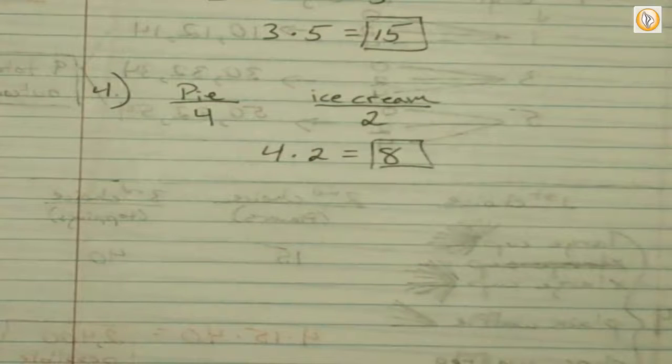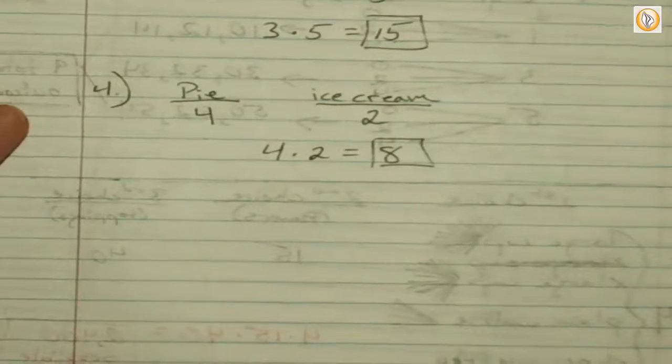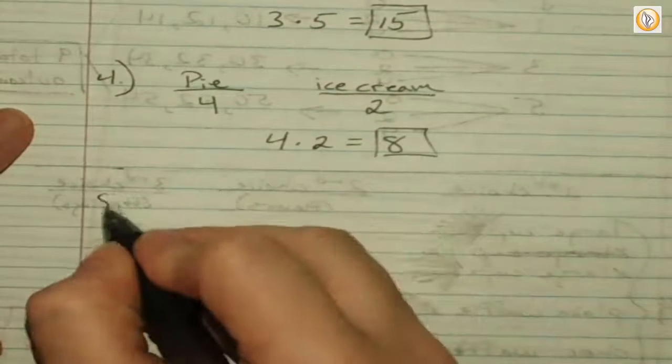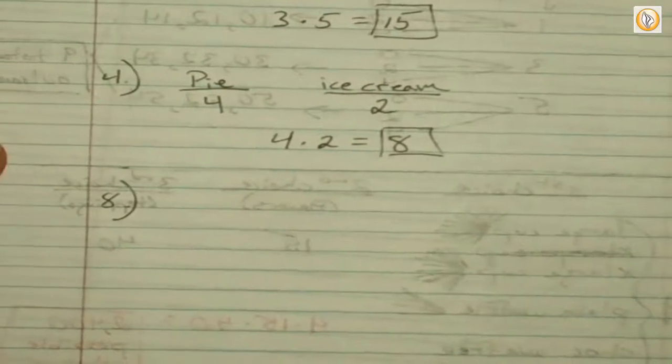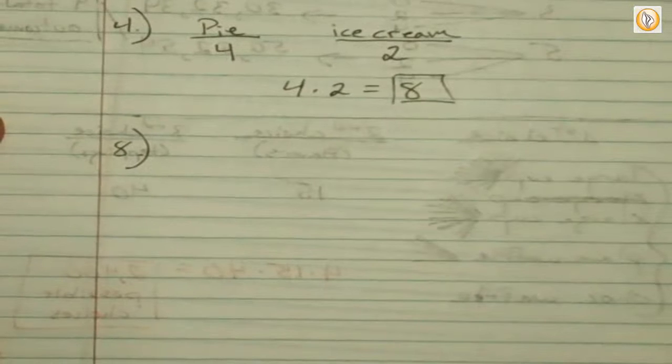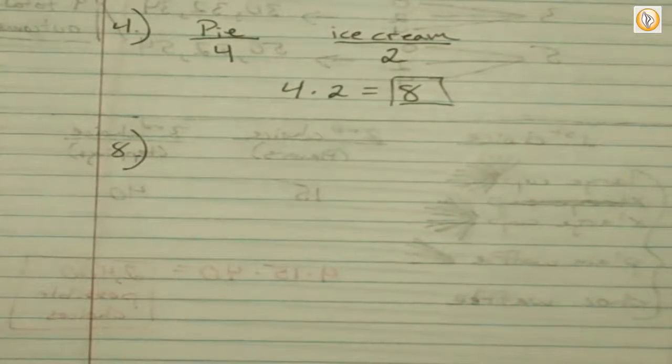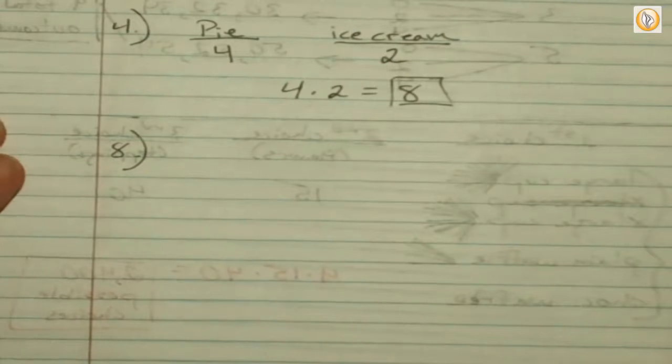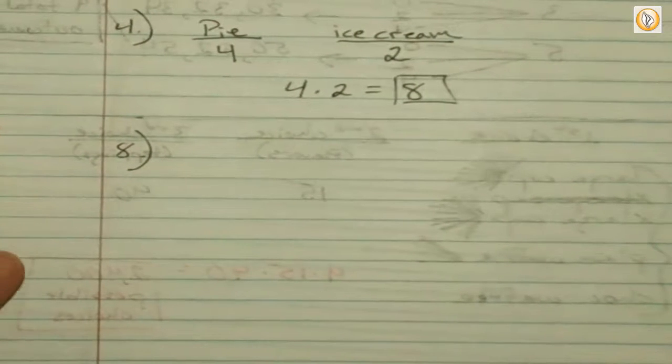All right. Let's look at number 8. This time they didn't tell you to do the tree diagram, so there's no reason to. Let's see, Izzy, read it. Select one fruit and one vegetable.